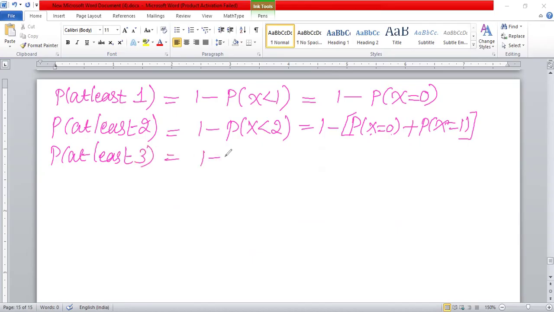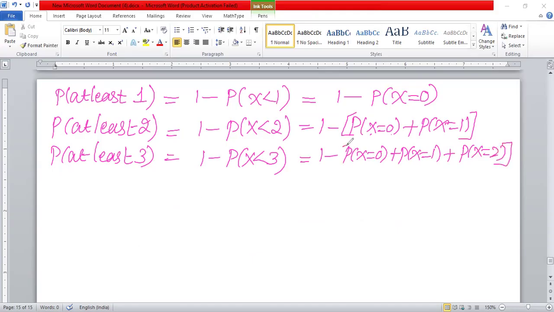That is equal to 1 minus probability x less than 3, that is equal to 1 minus probability x equal to 0 plus probability x equal to 1 plus probability x equal to 2. Yes, this is the at least one formula. Very simple. This is at least one.